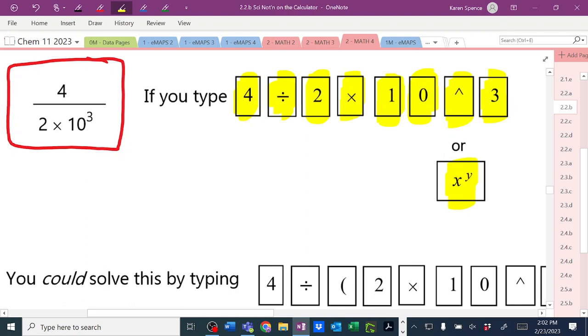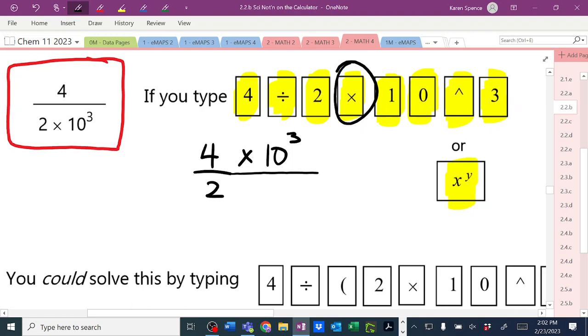But your calculator will say, okay, 4 divided by 2, I can do that. And then it will see that times, and it will think times 10 to the 3, which means that that 10 to the 3 is now in the numerator. Is that what we wanted? No, they are not the same. So if you type that in, that's what your calculator will think.